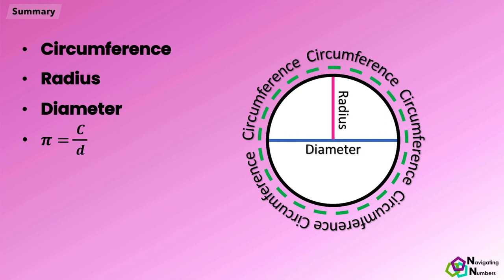And finally, we have pi, which is the ratio of the circumference to the diameter. So if we take the circumference and we divide it by the diameter, we will get a value that is approximately 3.14.